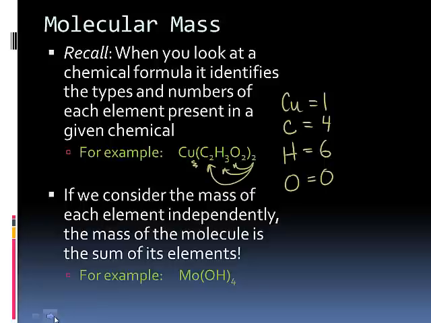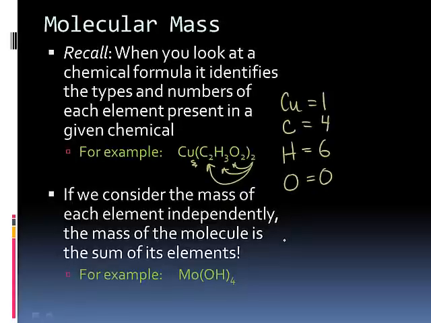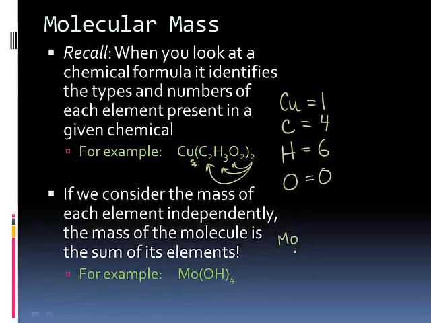Now, if we consider the mass of each element independently, the mass of the molecule is just the sum of its elements. So looking at molybdenum IV hydroxide, I know that I've got molybdenum, I've got oxygen, and I've got hydrogen. I know that I have just 1 molybdenum, I have 4 oxygens, and I have 4 hydrogens.